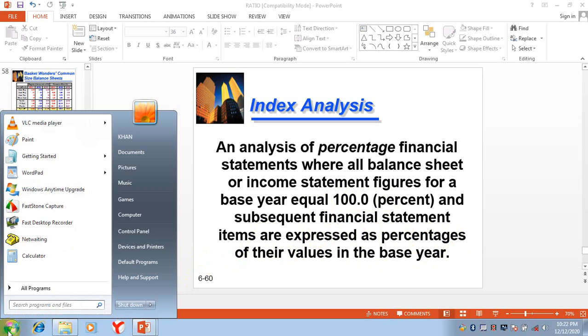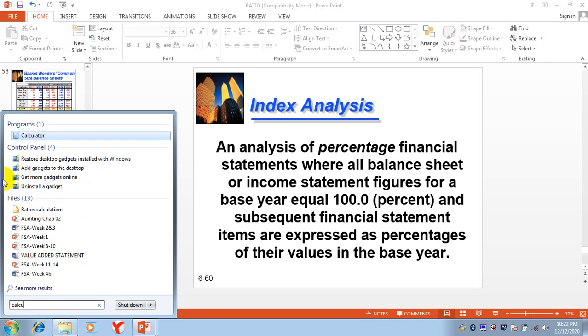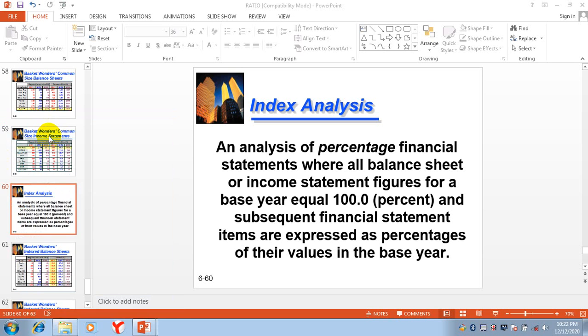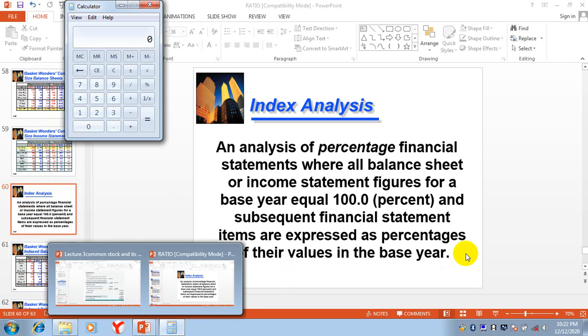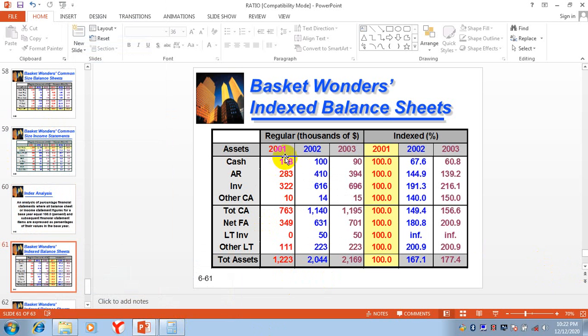Now what is the procedure? I told you that this year will become our base year, so all items of the balance sheet in 2001 will become 100%. Now for 2002, we will convert this data into percentages. What will be the procedure?